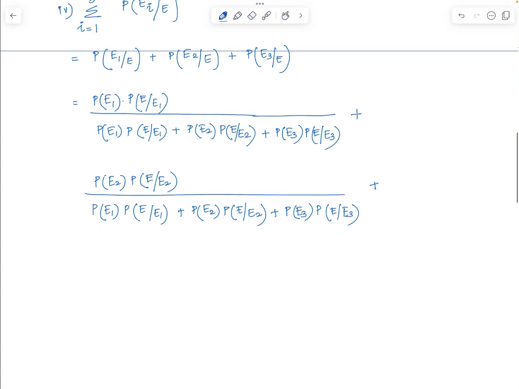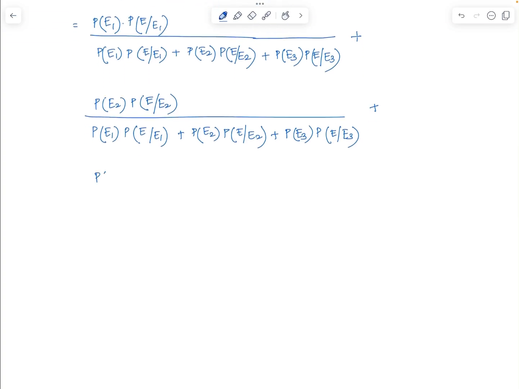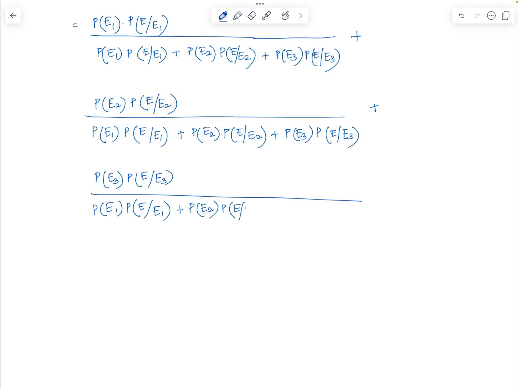Plus for the third term P of E3 times P of E given E3 by P of E1 into P of E given E1 plus P of E2 into P of E given E2 plus P of E3 into P of E given E3.